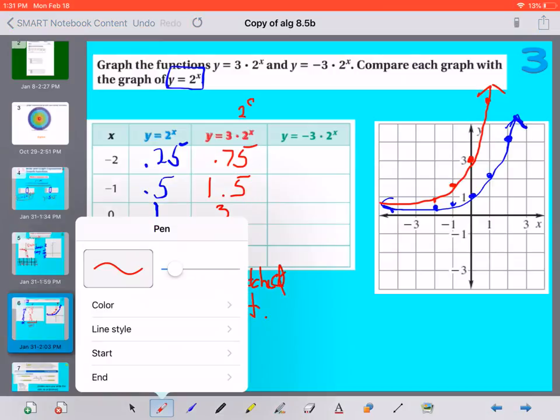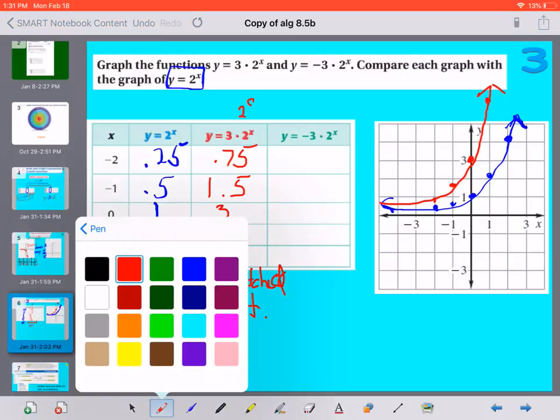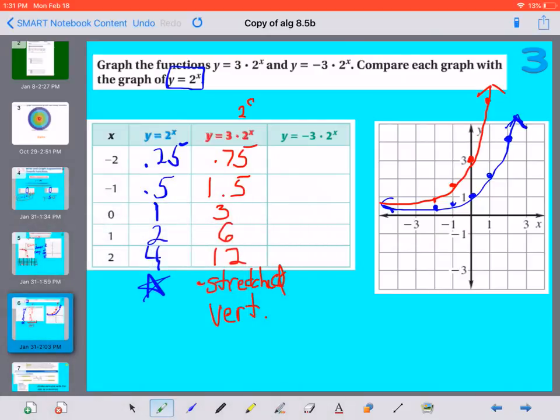Alright, so if we look at this next one, it's negative 3 times 2 to the x. So 2 to the 0 is 1, times negative 3 gives us a negative 3. Negative 3 times 2 to the 1 gives us a negative 6.